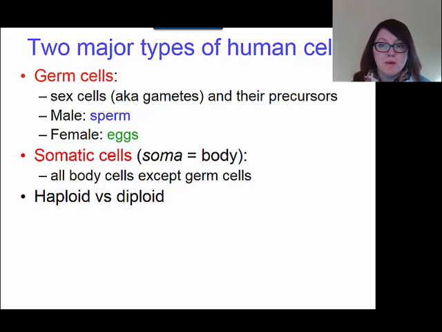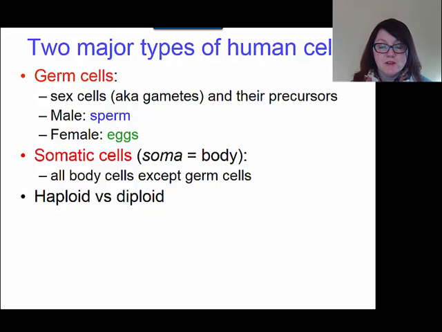All the other cells in the human body are somatic cells. The prefix soma means body. So the somatic cells are pretty much all the cells in your body that aren't the germ cells. This would include the cells in your skin, the cells in your liver, your blood cells, that sort of thing. Even the cells that make up the wall of the ovaries and testes.